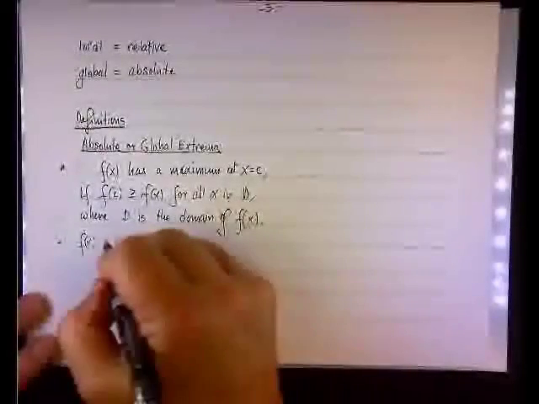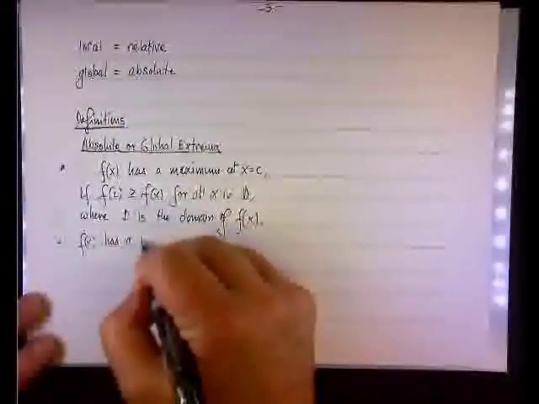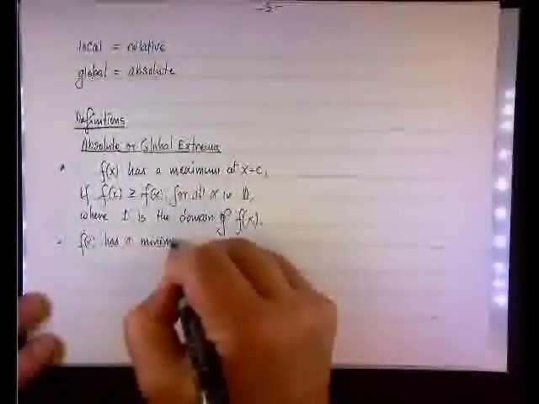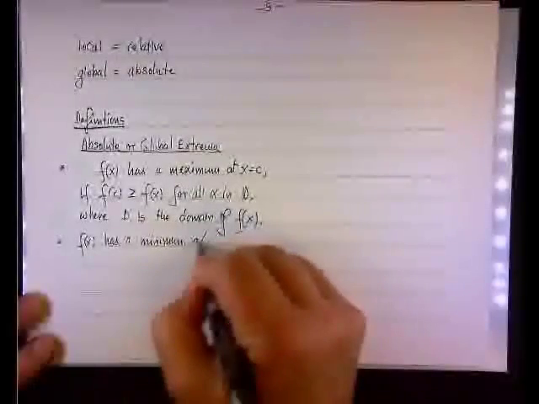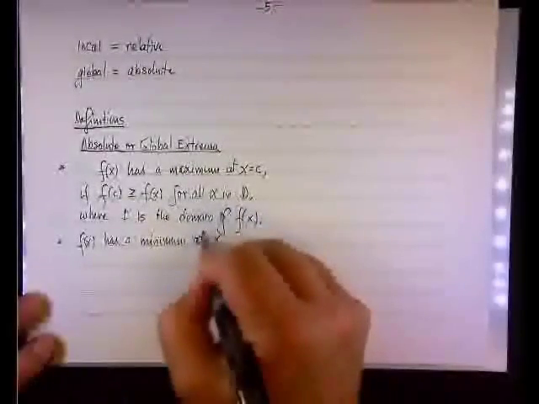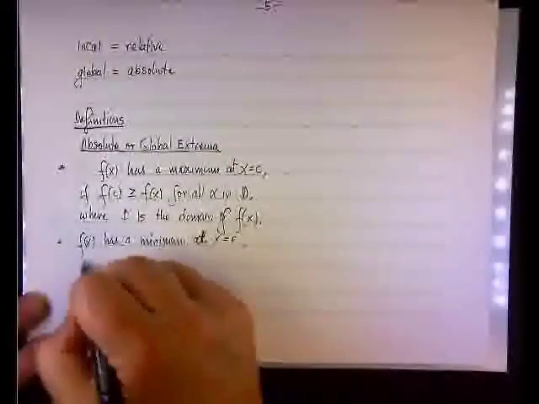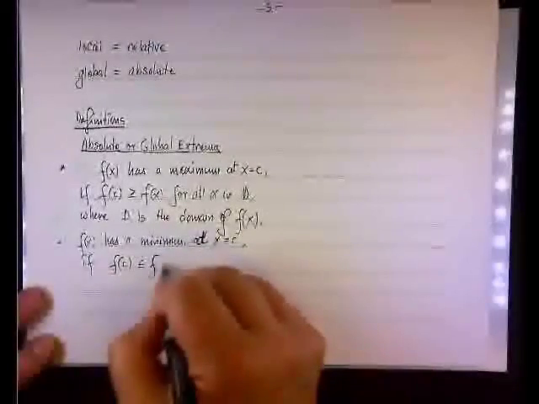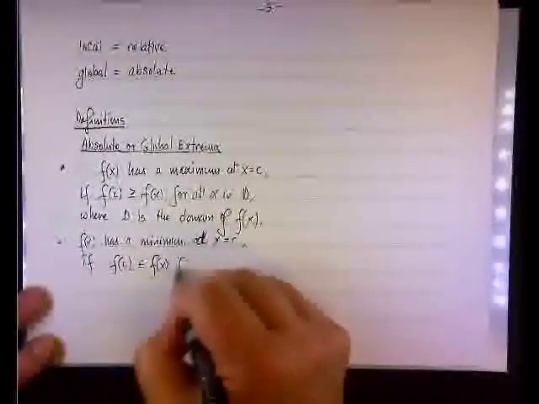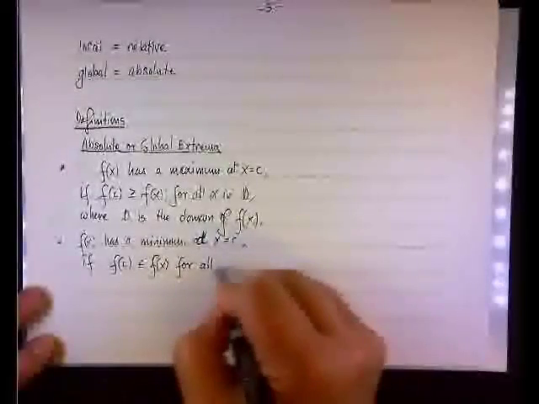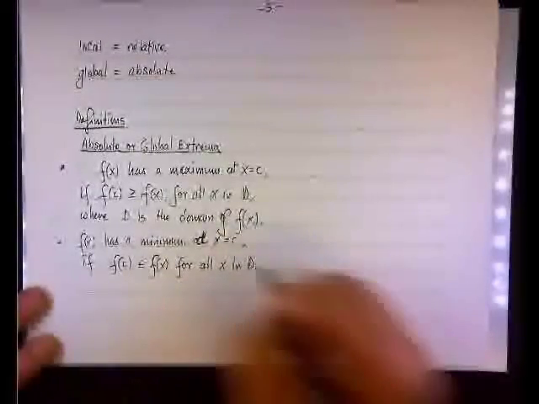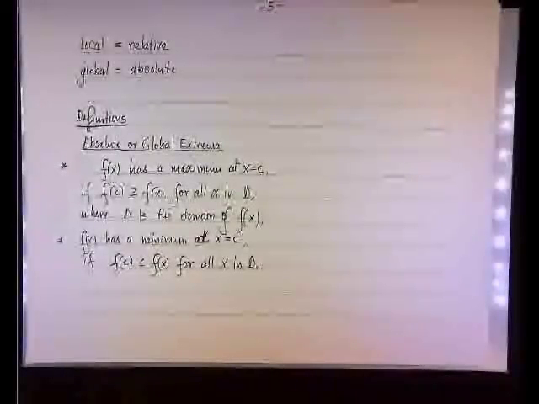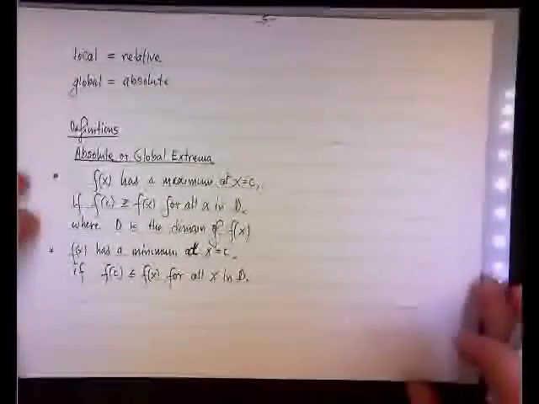And for minimum, it will be the same: f of x has a minimum at x equals c if f of c is less than or equal to f of x for all x in D. So those are the definitions for global or absolute.